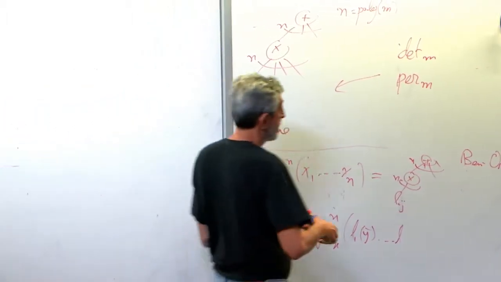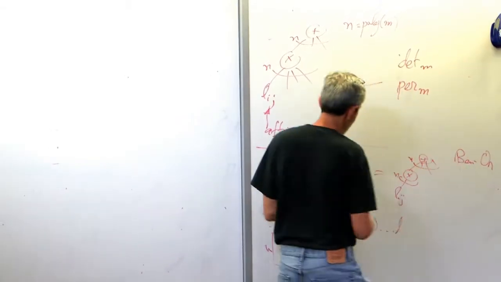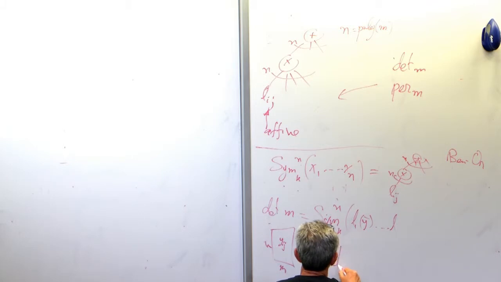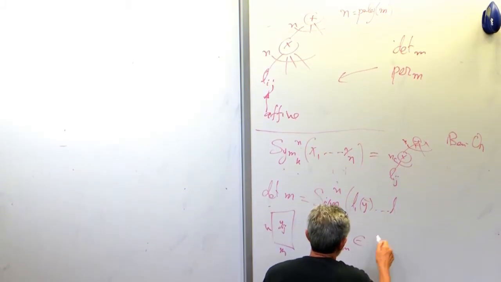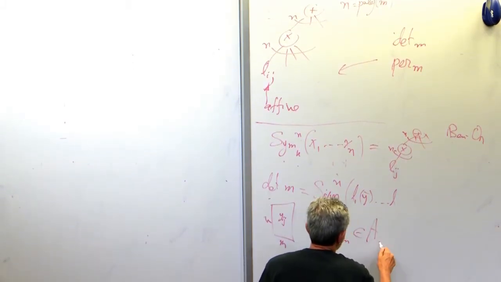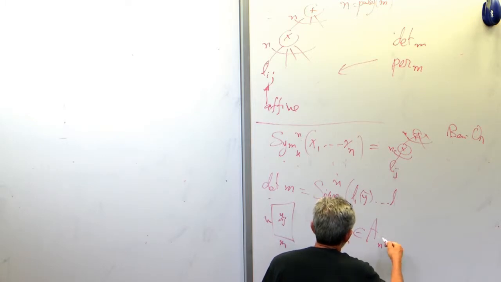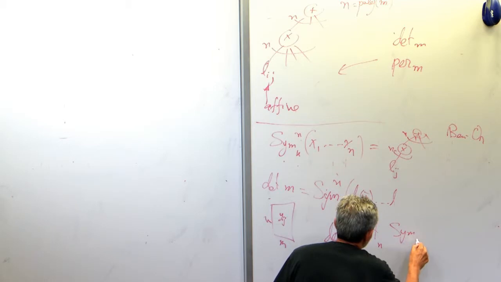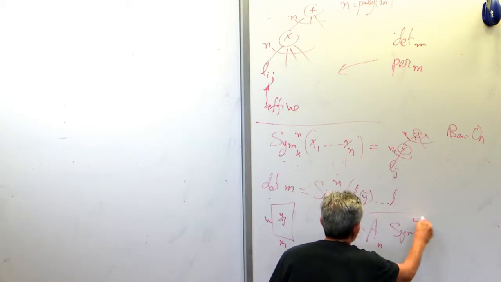This is just a question of whether the determinant is contained in the action of the affine group on the symmetric polynomial.